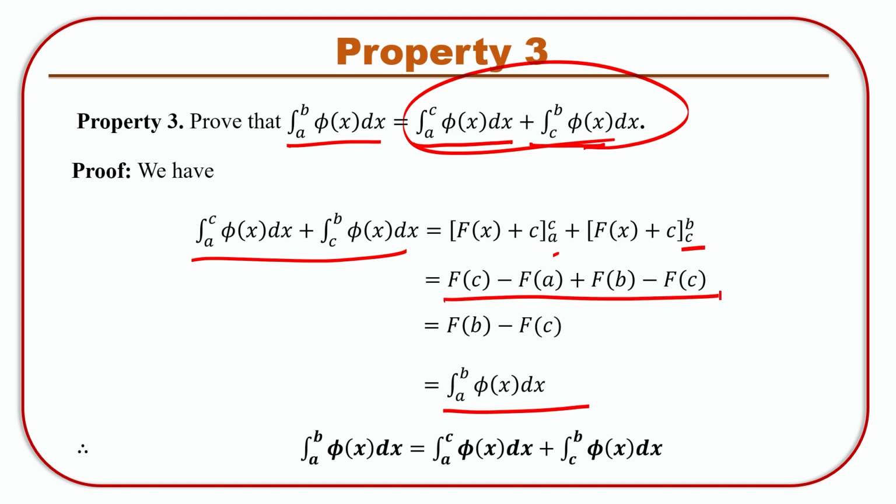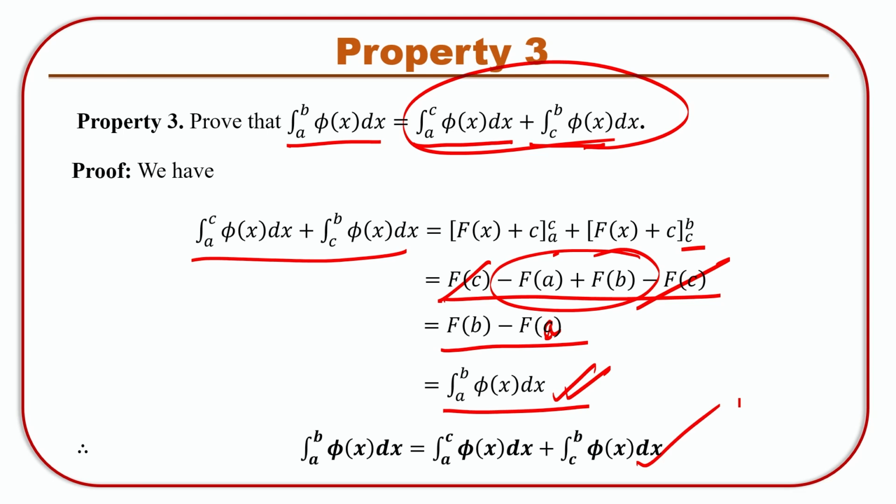Just simplify it and this will give you F(b) minus F(c)... sorry, it is not c but it is going to be a. So this will be equal to the integral from a to b of phi(x) dx. As you can see here, F(c) cancels out and you will have this one only. It's a typo here, this is F(a), and that means the third property is proved.